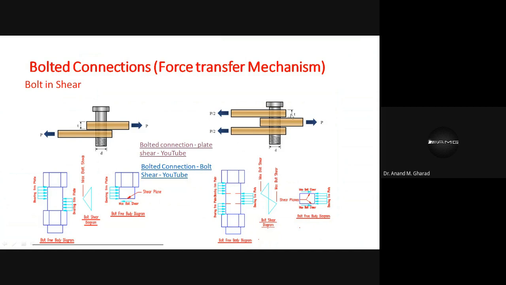If I consider this, it is again a lap joint, but in this case we will observe that there are three plates which are getting connected. If I apply a pull over here, and these two plates are connected at the other end, then for maintaining equilibrium, P by 2 values will be developed at these two locations.